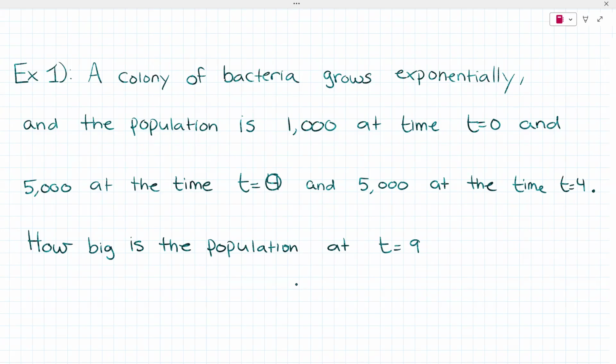The population is 1,000 at time t equals 0 and 5,000 at time t equals 4. How big is the population when time is 9? (I rewrote this a couple of times while checking it.)